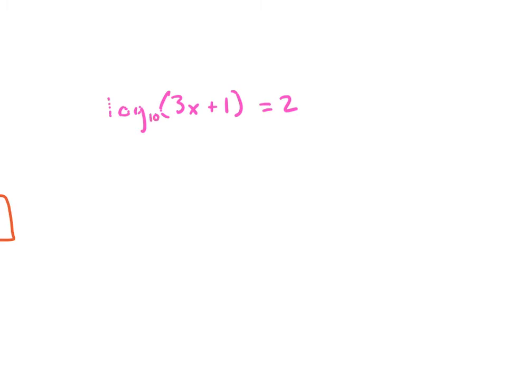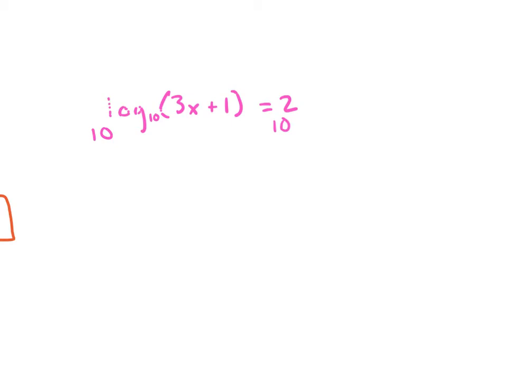So to get rid of that, we are going to put a 10 on both sides and make the rest of the equation our exponent. So we have 10 to the power of log base 10 of 3x plus 1 is equal to 10 squared.